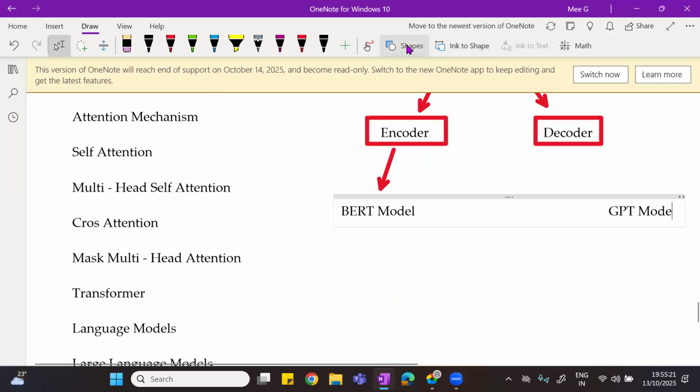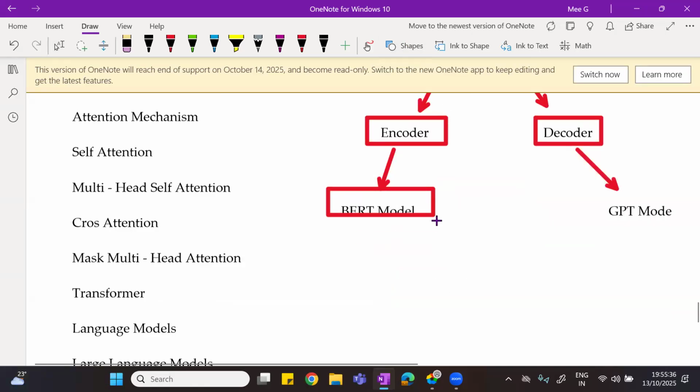What GPT is nothing but the brain behind your ChatGPT and Gemini. The BERT model is also an LLM which is specially used for prediction tasks. Here we will use this one for the prediction task.